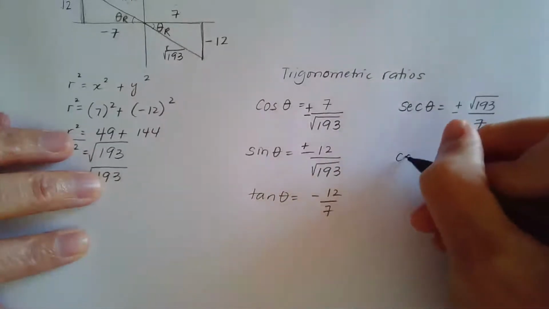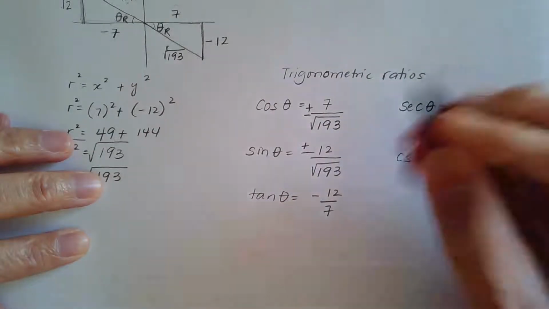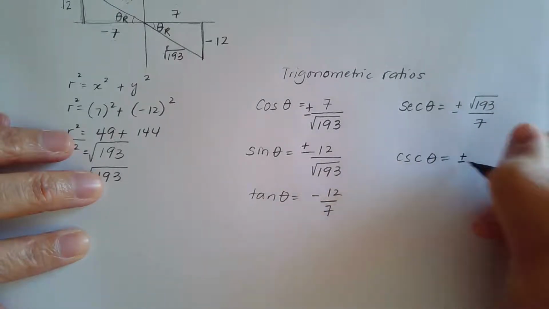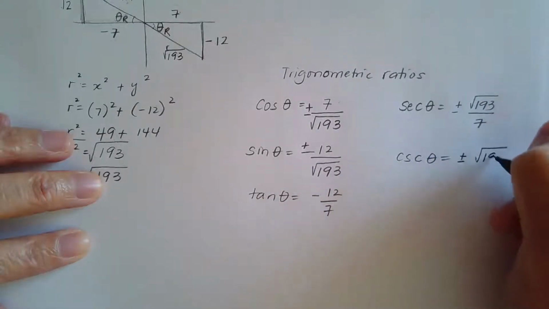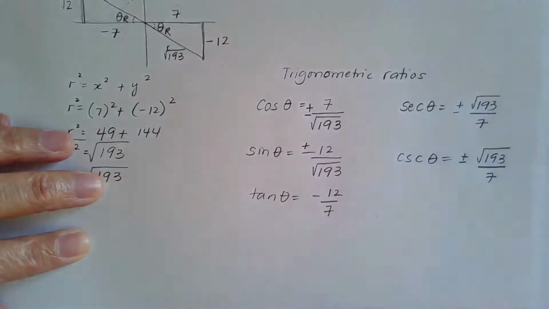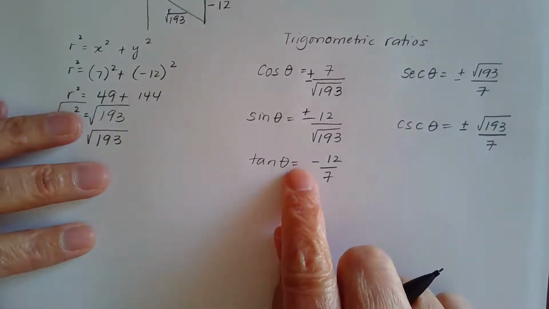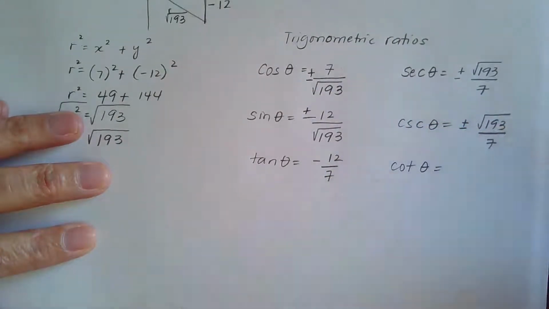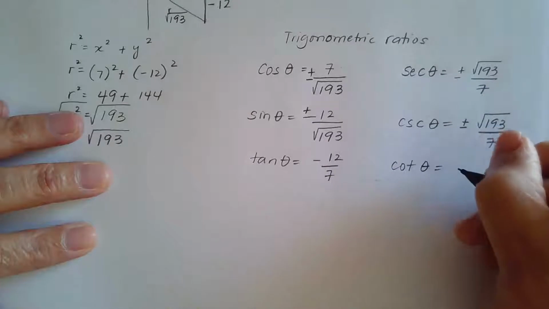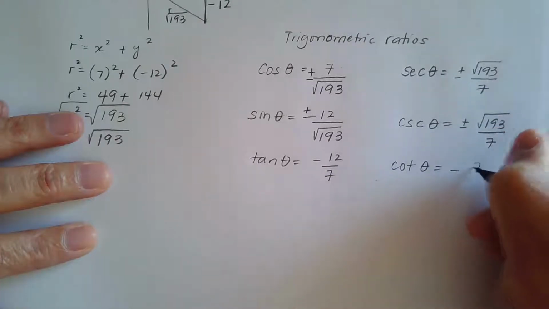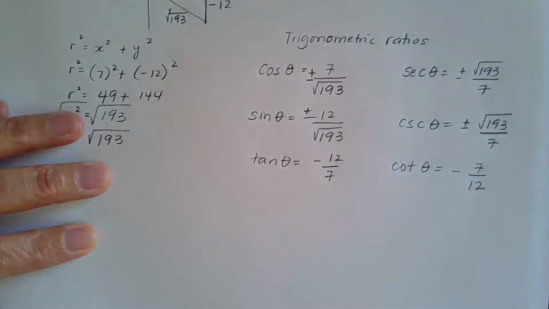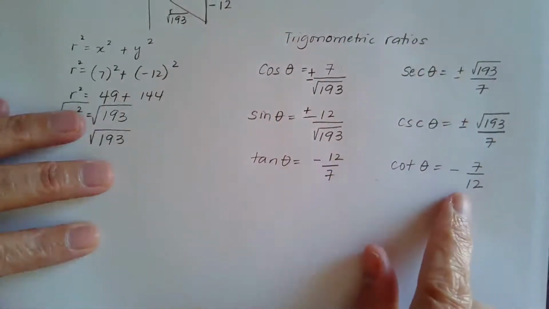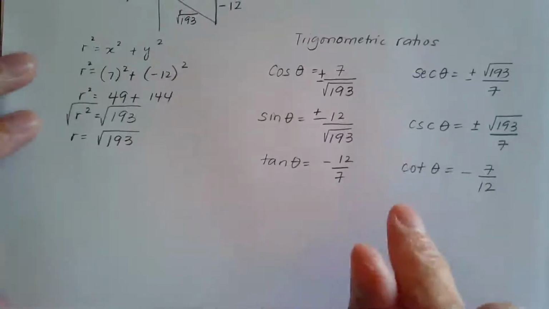And cosecant theta is the reciprocal of sine, so it's plus or minus root of 193 over 7. The reciprocal of tangent would be the cotangent of theta, which is negative 7 over 12. Okay, so these are all of our trigonometric ratios. That's just for part 1.